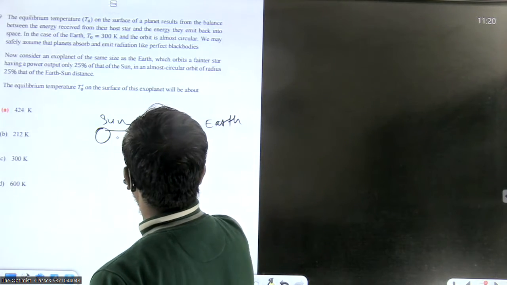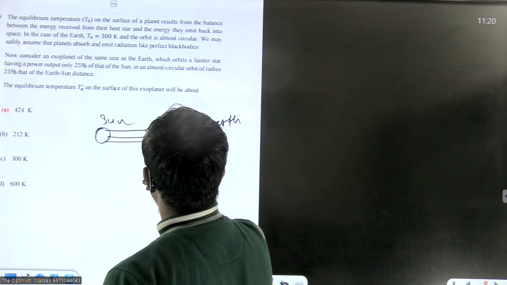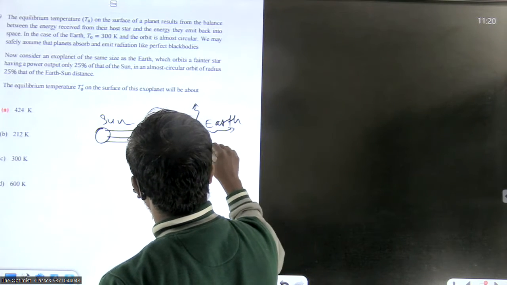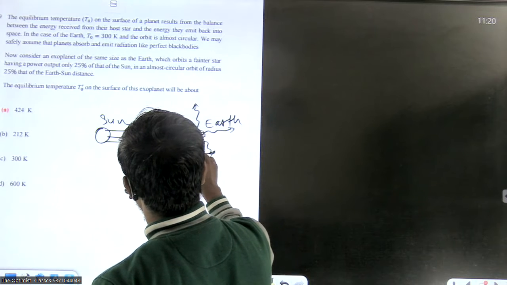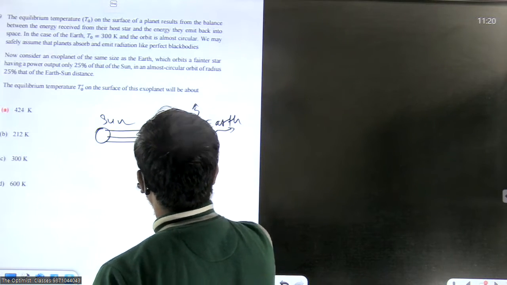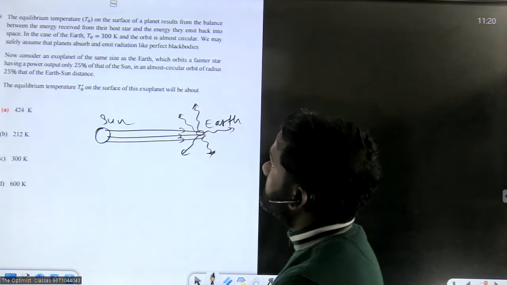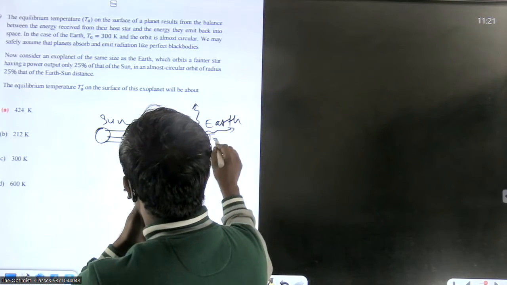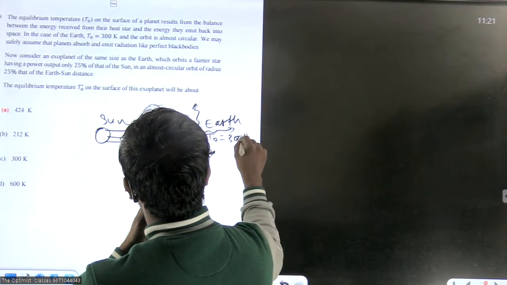Light from the Sun is falling on Earth, and Earth is also emitting light into space like a black body. Now in the case of Earth, its temperature T naught is equal to 300 Kelvin.